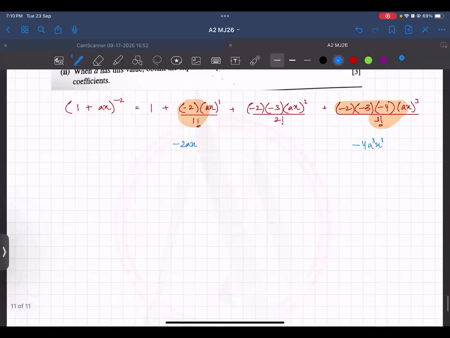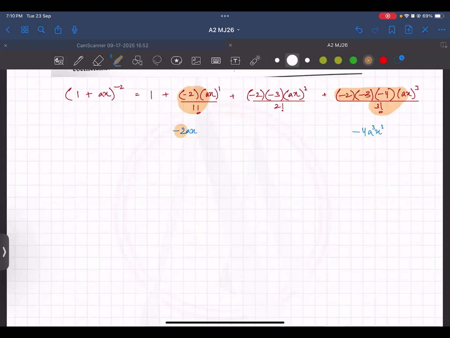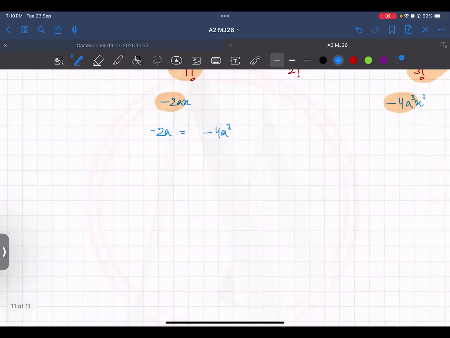So if we just look at the coefficients, minus 2a and minus 4a cube, we can equate them. Now you have to find the value of a.